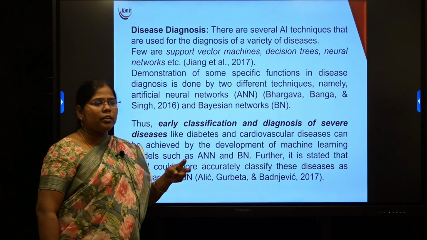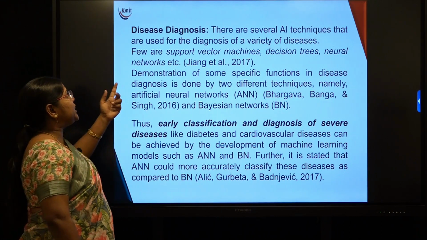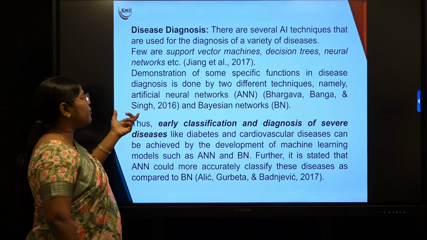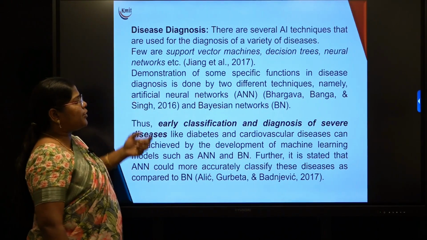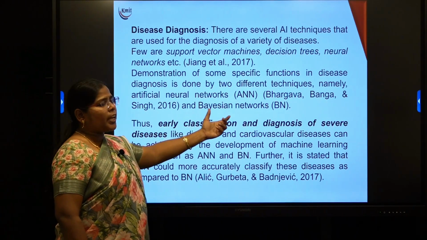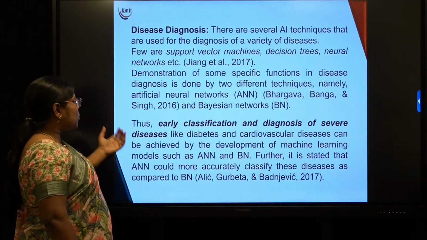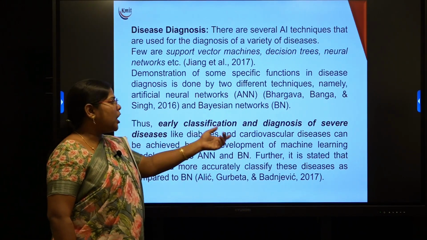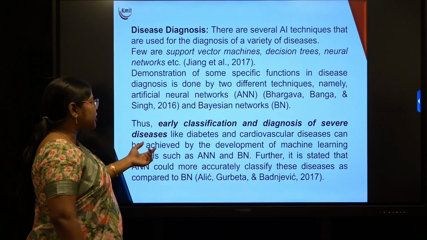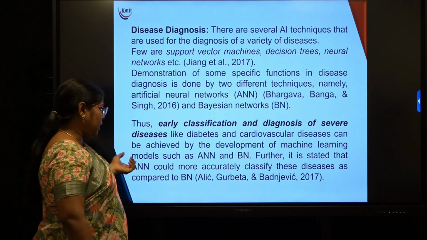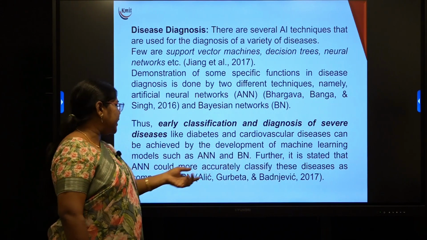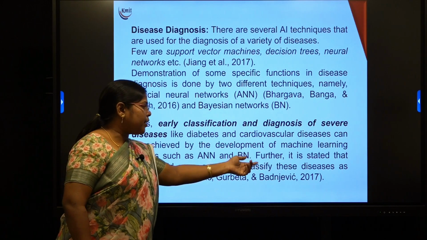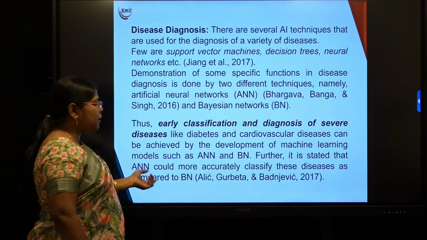Some people have used artificial neural networks, and some have used Bayesian networks. Thus early classification and diagnosis of severe diseases like diabetes and cardiovascular diseases can be achieved by the development of machine learning algorithms. Further, it is stated that ANN could classify the diseases more accurately than the Bayesian network.